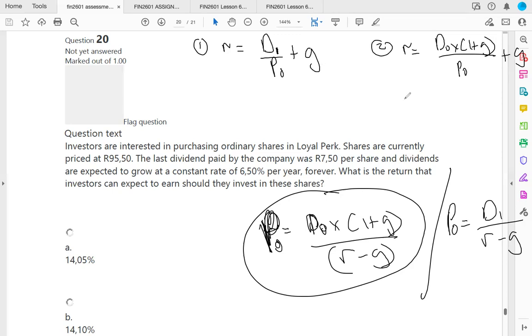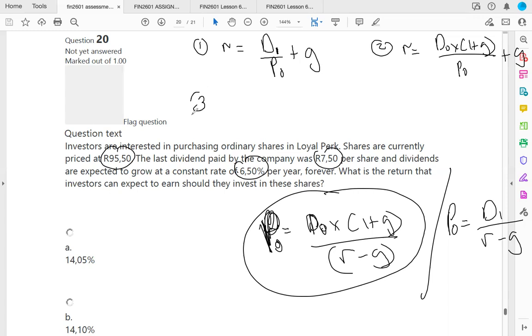These are two really important formulas, whereby you might be given the dividend, the price and the growth rate, and then be asked to calculate your required return, like what we're going to do in this example.